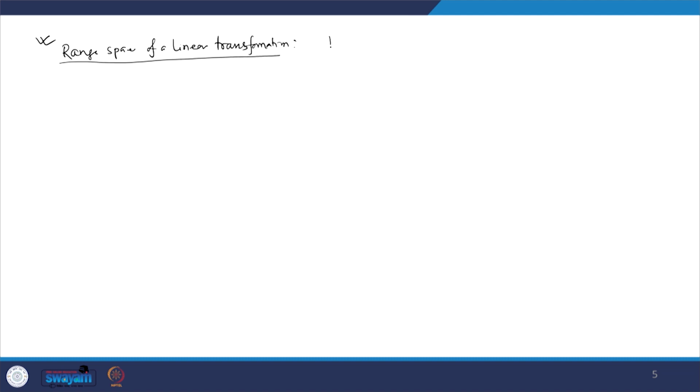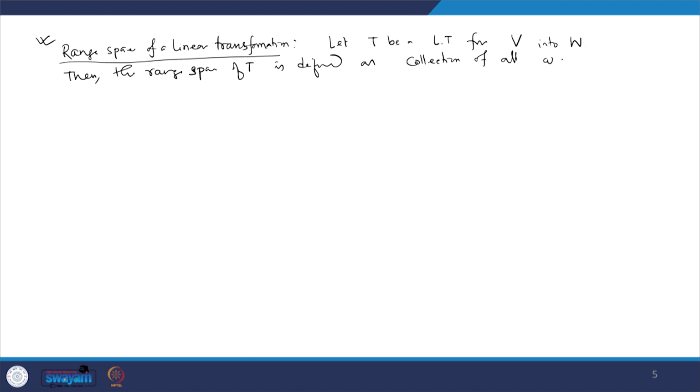Let T be a linear transformation from V into W. Then the range space of T is defined as the collection of all small w belonging to capital W such that for each small w there exists small v belonging to capital V with T of v equal to w.